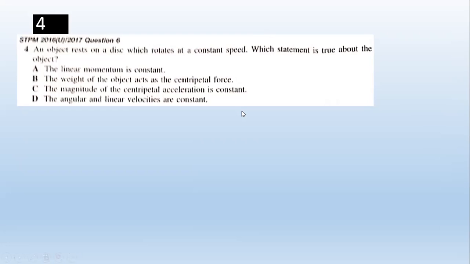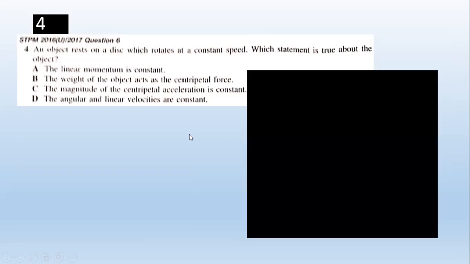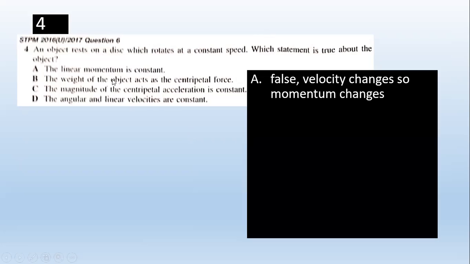Linear momentum cannot be constant because it has a direction, and the direction changes. So false. Weight of the object provides a centripetal force? No. Horizontal circle, the weight is downwards, so incorrect. Magnitude of centripetal force constant? Correct, because the speed is constant.